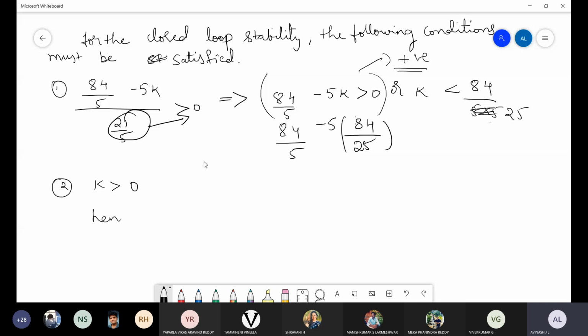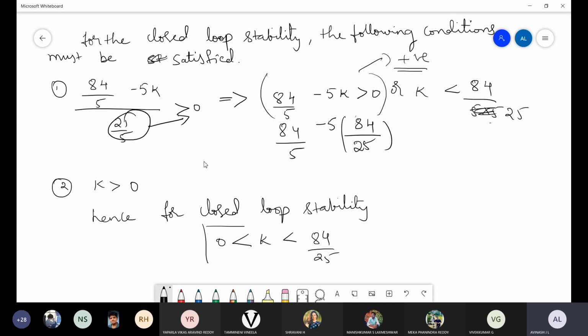Hence, for closed loop stability, k must satisfy 0 less than k less than 84 divided by 25. So this is the range of k you will get. All of you please verify whether you got the same answer or not.